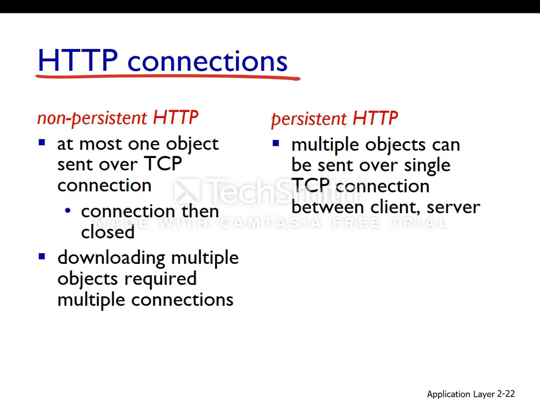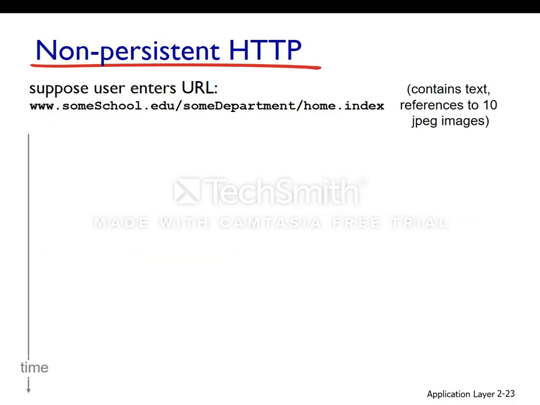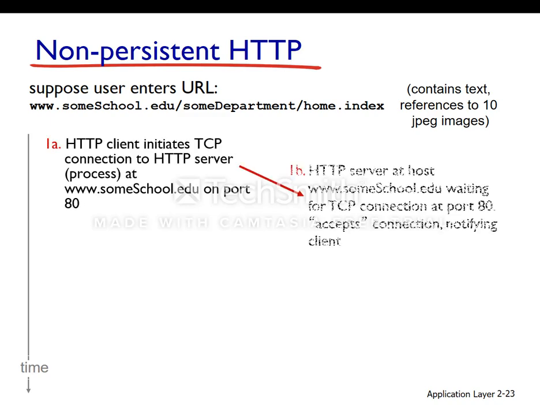And to illustrate this point, let us look at this figure. Let's say a user enters a URL, www.someschool.edu/somedepartment/home.index, and let's say that base HTML object contains text references to 10 JPEG images. Okay, so then the HTTP client initiates a TCP connection to the HTTP server at www.someschool.edu on port 80.